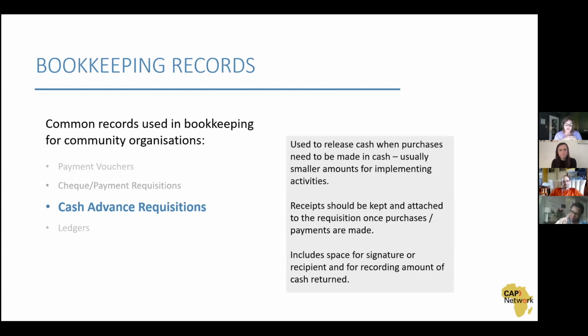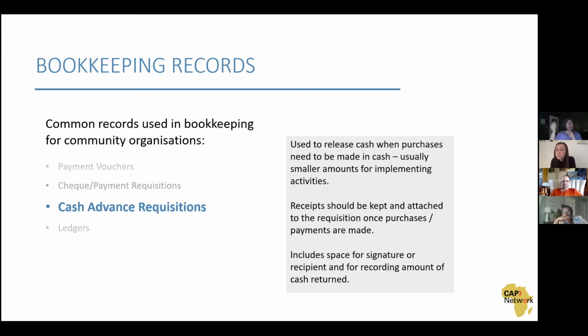So the cash advance requisition would include the estimate for how much they anticipate they will be spending on those items. Okay, and this is the form that would then allow you to release the cash that they're going to need to make those payments. Once those cash payments are made, this requisition will be attached to the voucher that they ultimately submit.